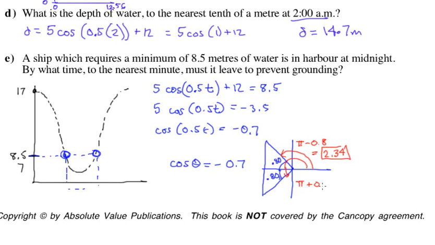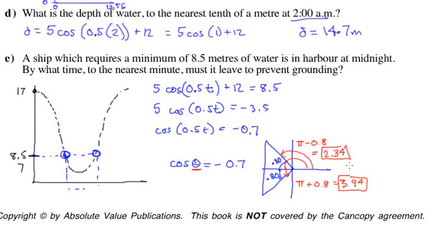So pi plus 0.8, which is 3.94. Those are our two valid angles if this were just cosine theta. Take a minute, make sure you're good with that. We did this a couple sections ago, and now it's back helping us with our word problems.